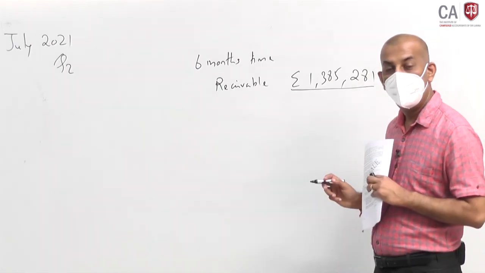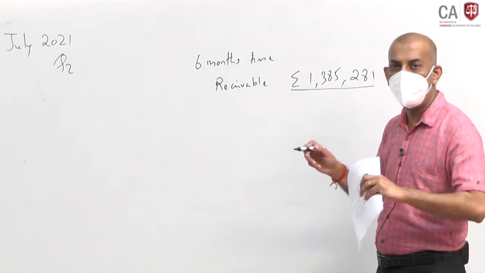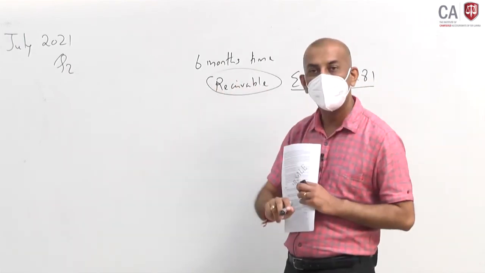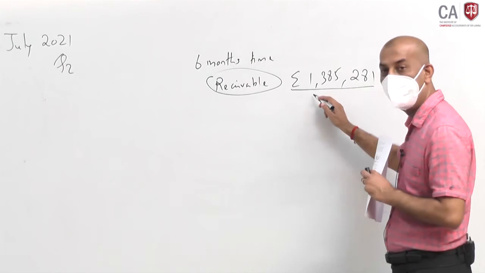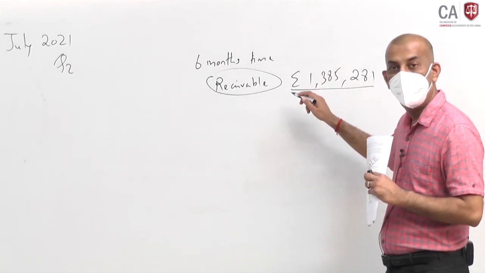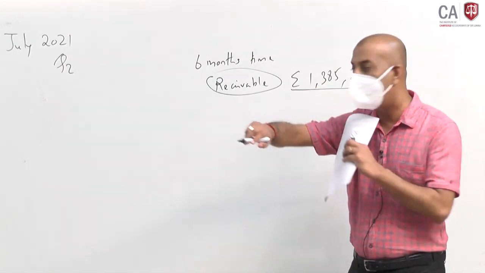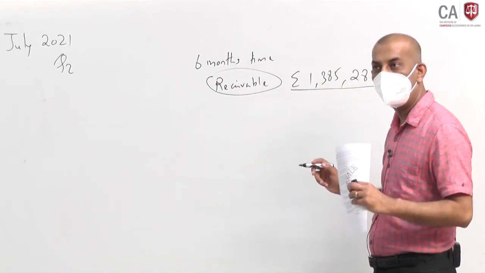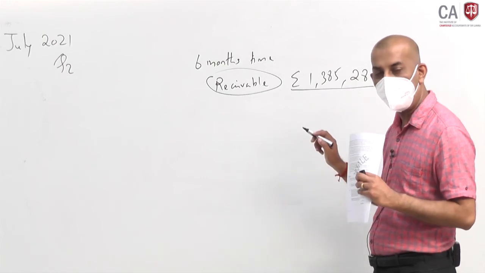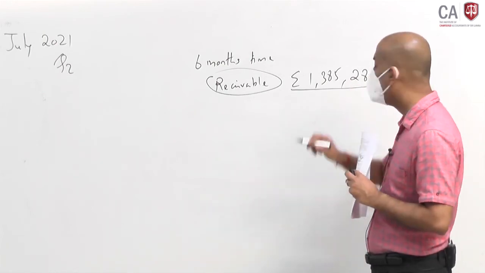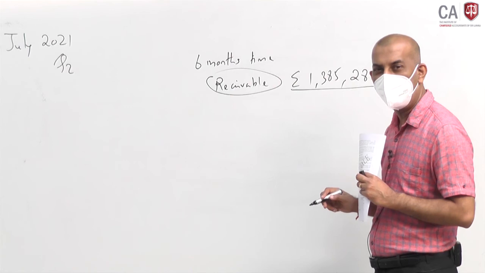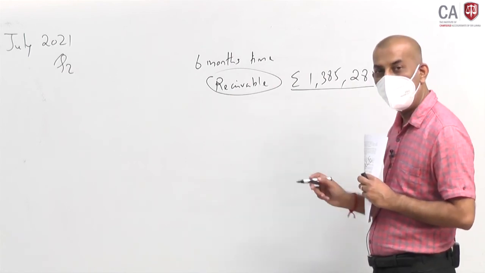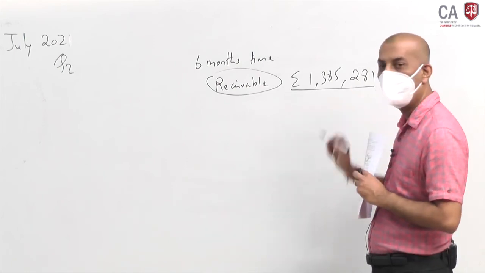When we use the money market technique, since we have an asset, receivable is an asset, we have to create a liability for the same amount. In 6 months time we should have a liability for 1,385,281. In order to reduce the exchange rate impact, since we have a euro receivable in 6 months time, you need to create a liability for 6 months time for the same amount.